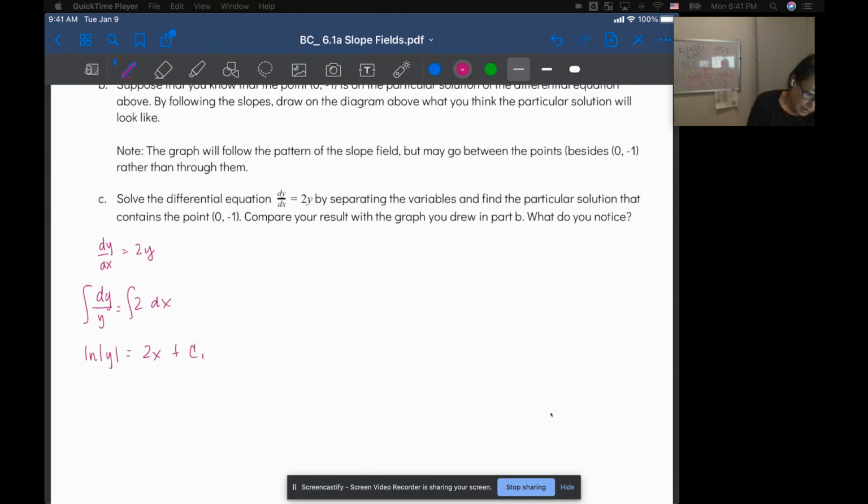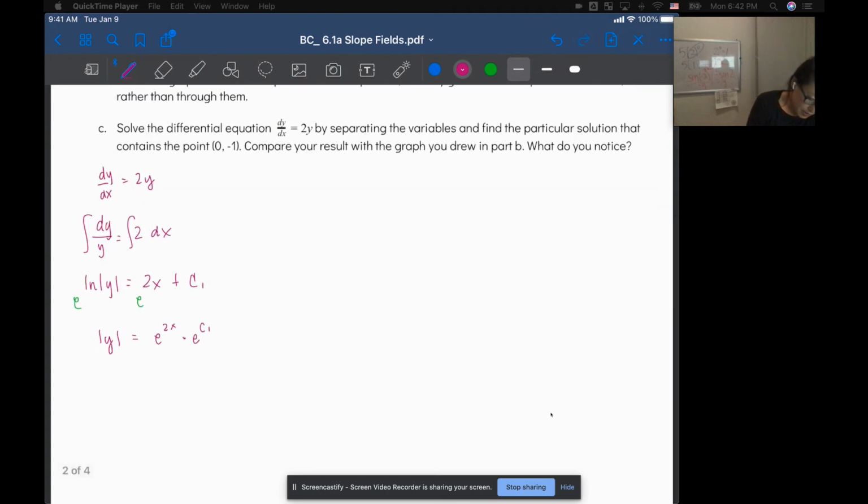Okay, I raise both sides with a base of e. So I get the absolute value of y is equal to e to the 2x times e to the c1. So I am going to drop my absolute value signs because I'm going to make my e to the c1 just a giant c.